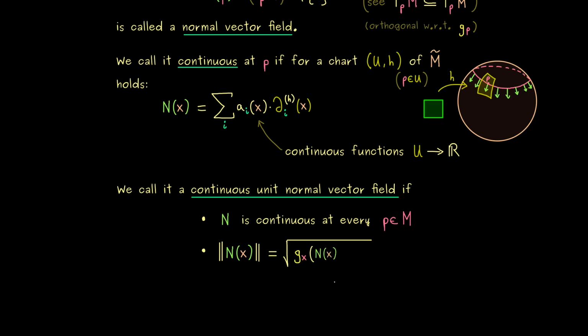So into the Riemannian metric, we put the two vectors n(x) and n(x). And of course, taking the square root gives us a length. And this now should be equal to 1. And this should hold for every point, so in our case for every x in M. If we write x or p, it does not matter here. Okay, so this is the definition of a continuous unit normal vector field.